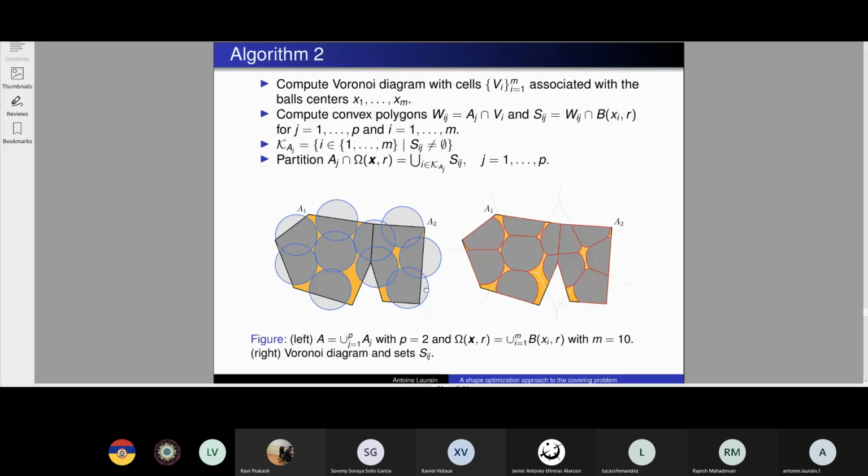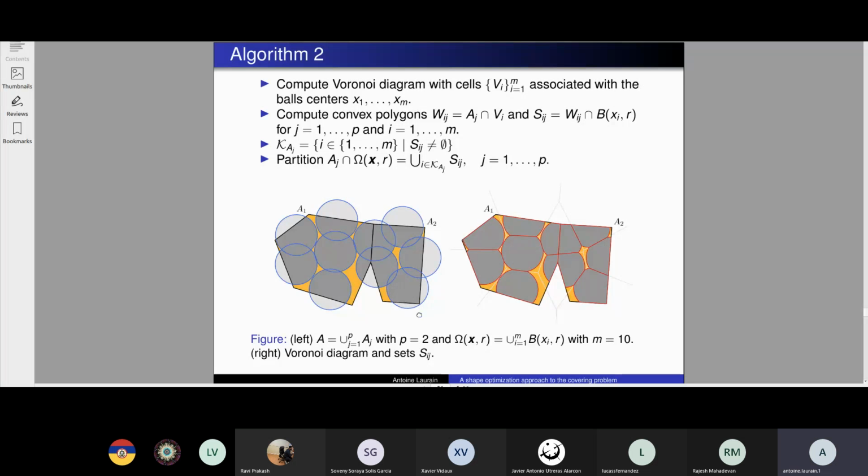But basically the idea is that if you look at this picture, you can compute analytically the intersections of these disks with the boundary of the polygons. That means you have an analytic representation of the intersections and also of the arcs and of the edges. So all these quantities you can compute analytically.